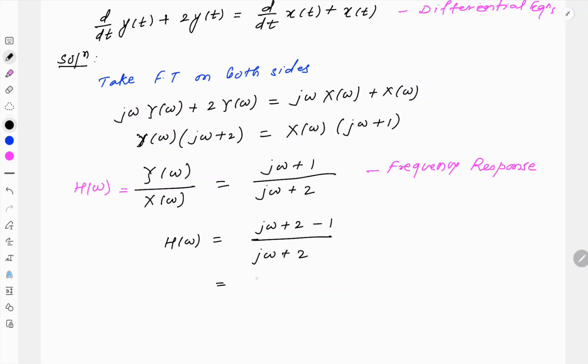Let us separate out the terms: (j omega plus 2) upon (j omega plus 2) minus 1 upon (j omega plus 2). The first term will be 1, minus 1 upon j omega plus 2. This is our H(omega).